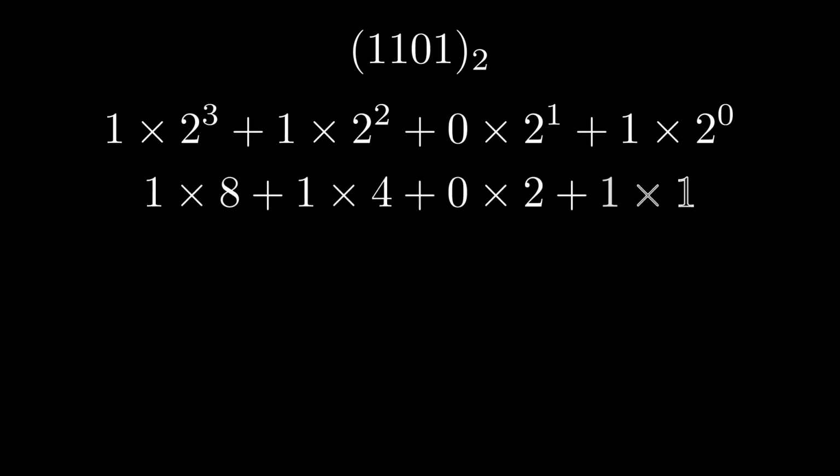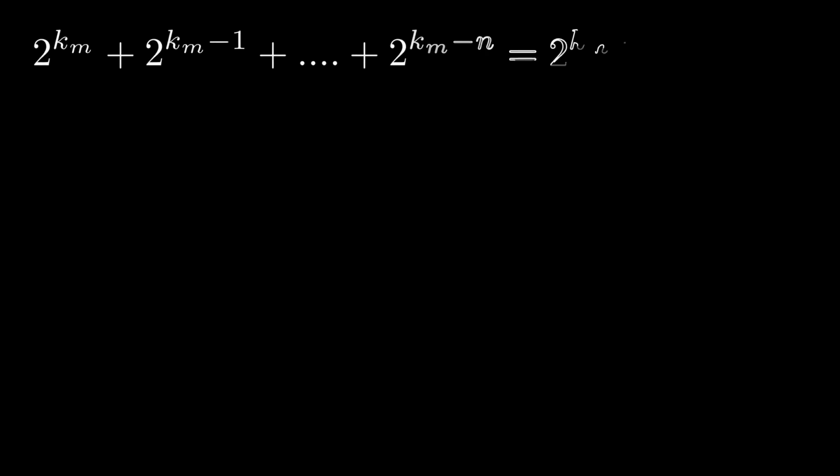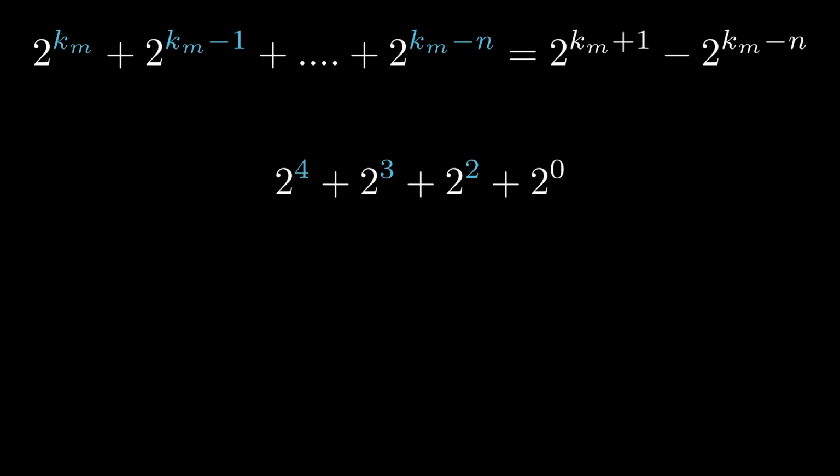The alphabet here is 0 and 1, and a number would be written as a sum of increasing powers of 2. Now let me show you a little identity. If you have a sum of consecutive powers of 2, starting from 2 to the power k minus n to 2 to the power k, it is equal to 2 to the power k plus 1 minus 2 to the power k minus n.